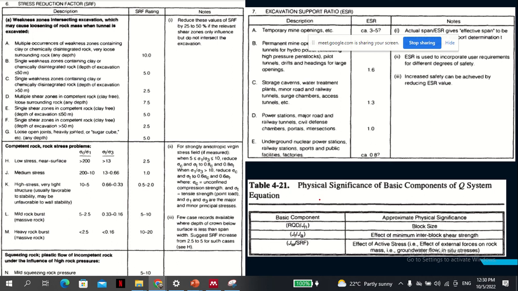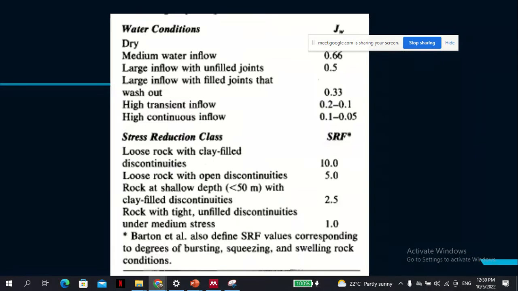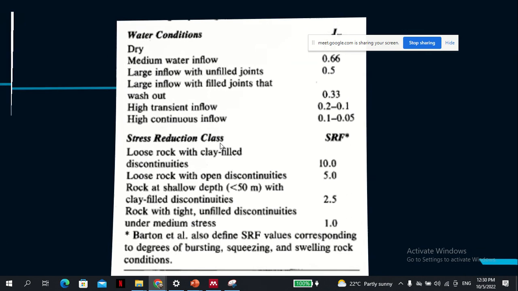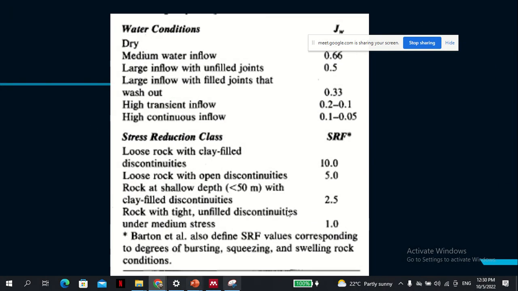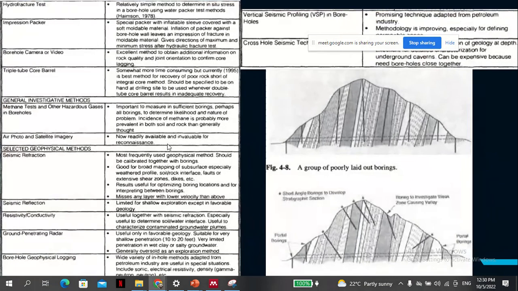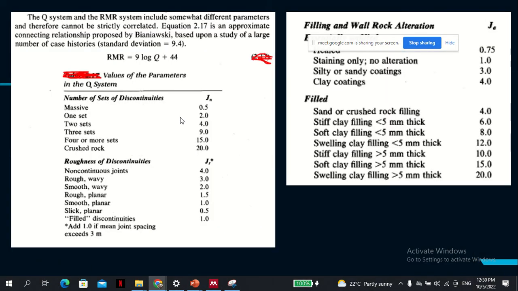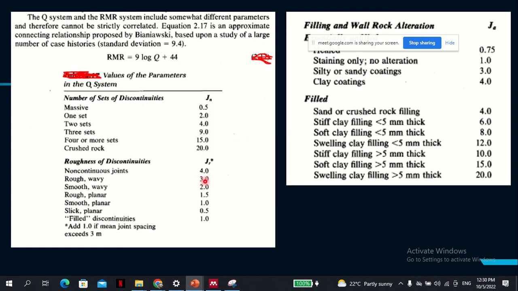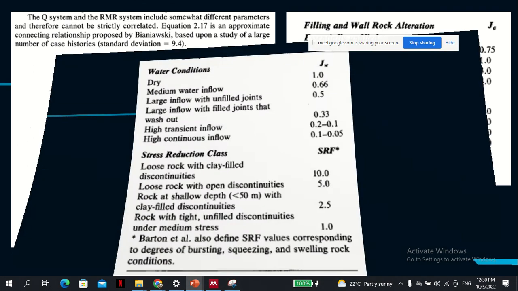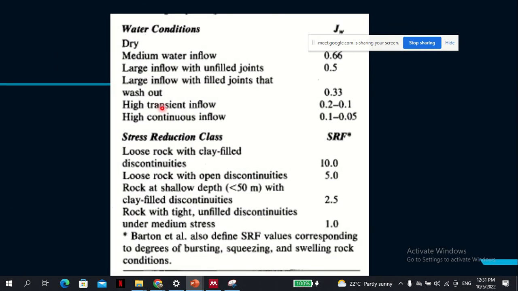This is the same table that I've shown you here. These are the same things expressed differently here. So you can refer to the last two slides. In fact, this group of slides is the same thing.